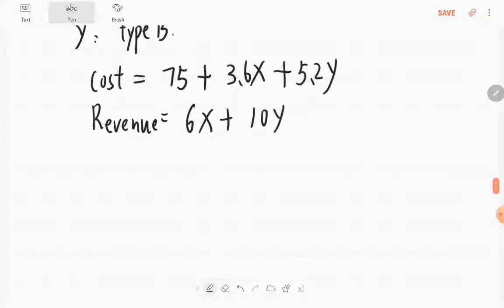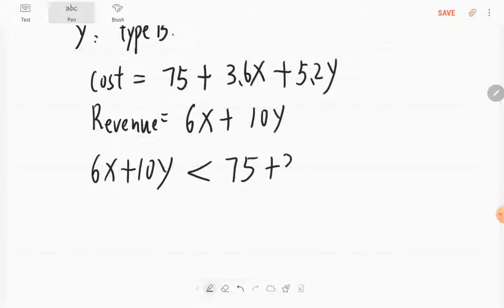So it says we want to write an inequality describing revenue less than cost. So 6x plus 10y is less than 75 plus 3.6x plus 5.2y. Okay. Of course, you can continue to simplify.